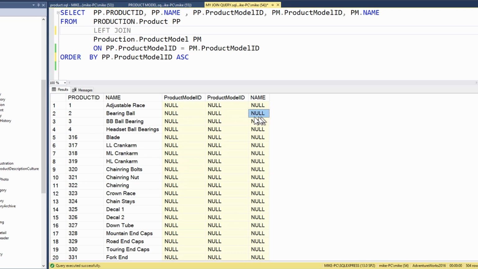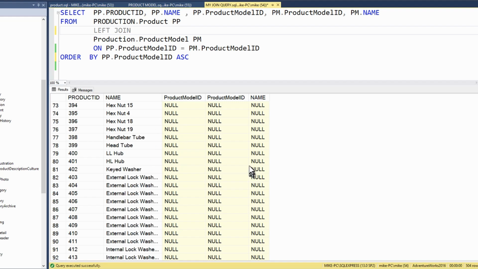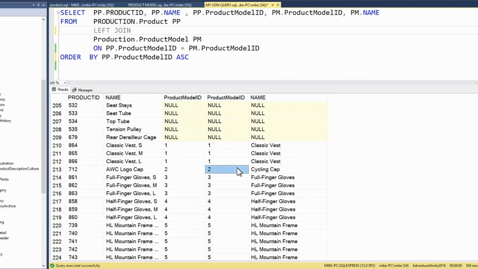And if we look in the rows selected from the model table, these are the rows that failed to join. And in the columns for the model table, the right-hand side of the join, we just get a flat null. But in the product model rows that did satisfy the join, of course, we do get the product model data.